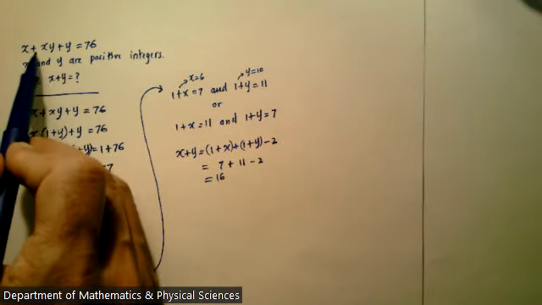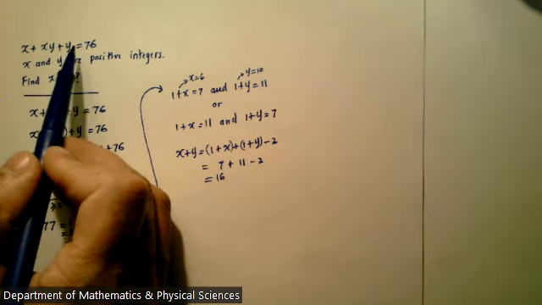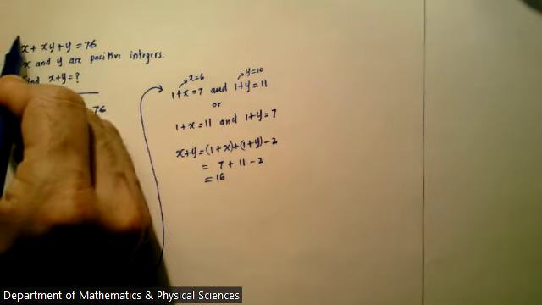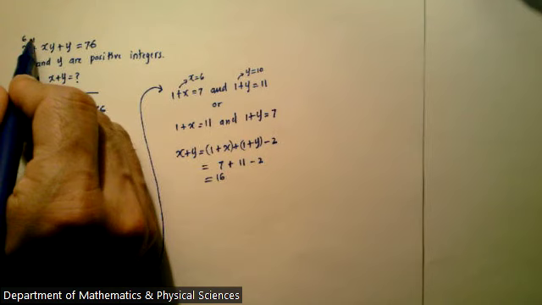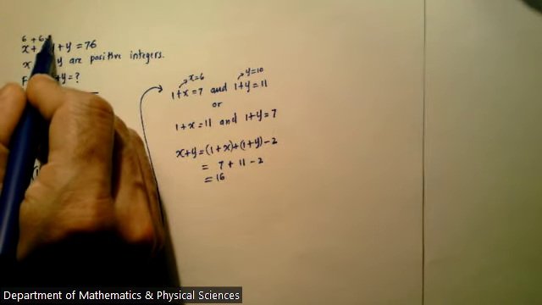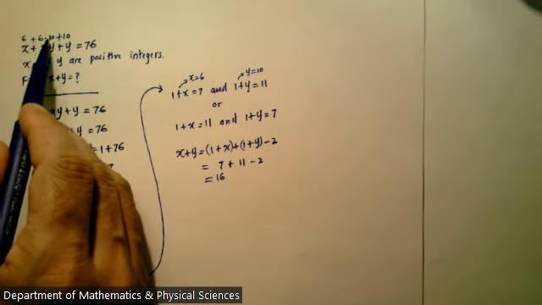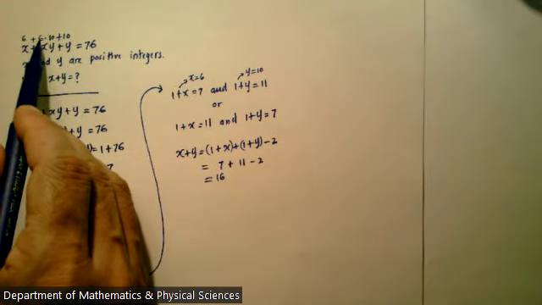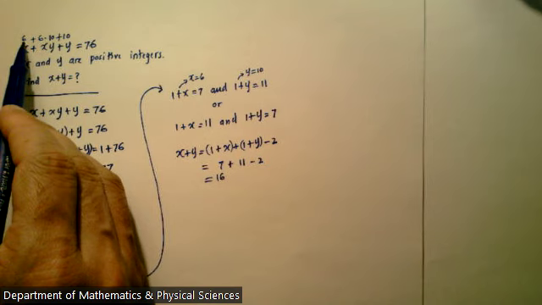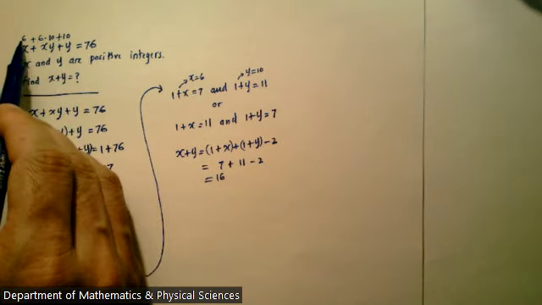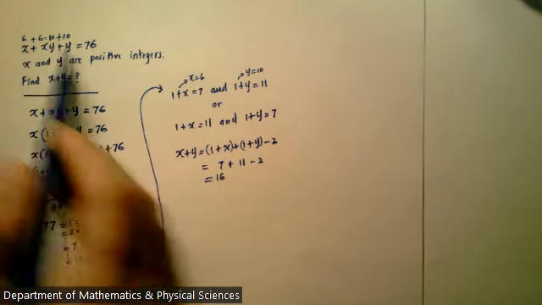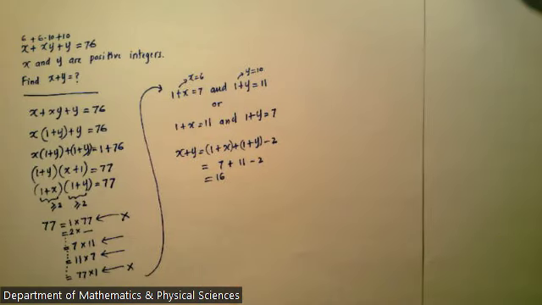And we can double check if it satisfies the given equation as well. x is 6, so x plus x times y is 6 plus 6 times 10, plus y, 10. So we get 6 times 10, which is 60. 60 plus 10 is 70, plus that 6 is 76. So these numbers for x and y satisfy the requirement.